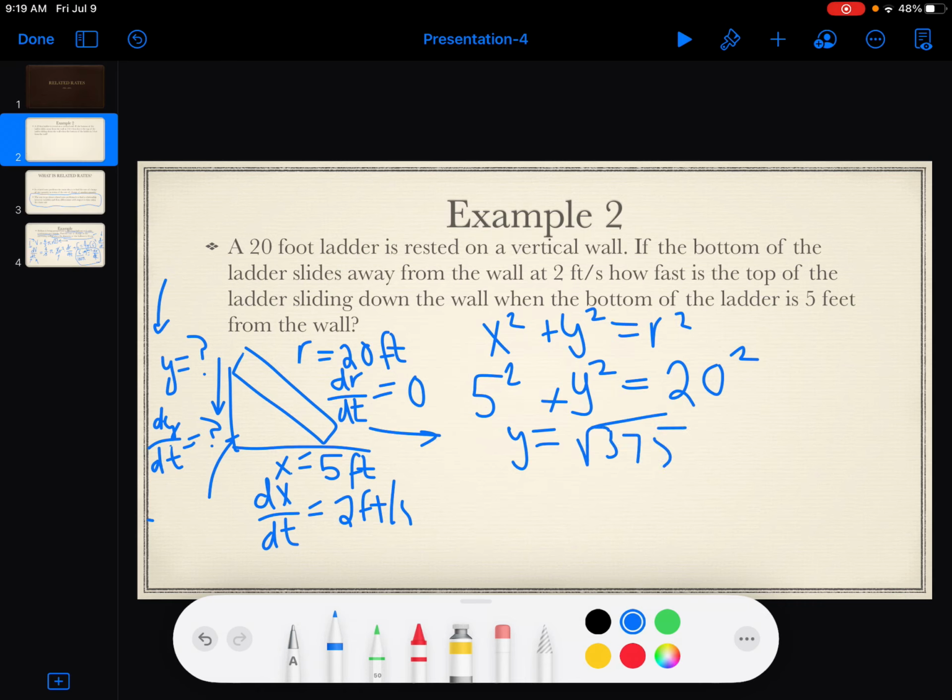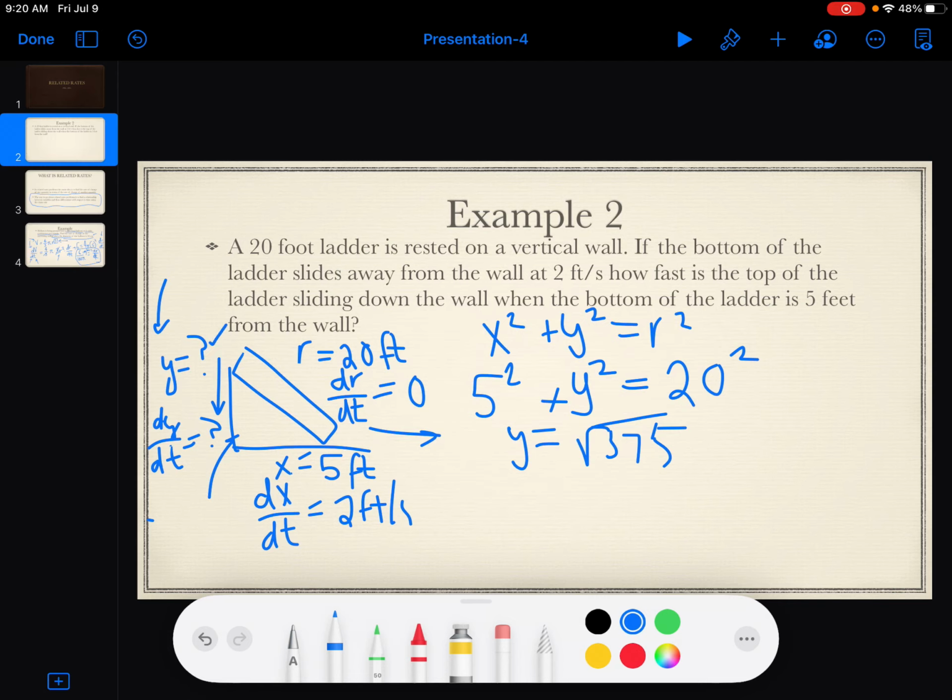And it's good to use exact values rather than just using decimal numbers on your calculator. In calculus and math, it's usually preferred you just use the exact value. So we got our value for y, so check, we got this.